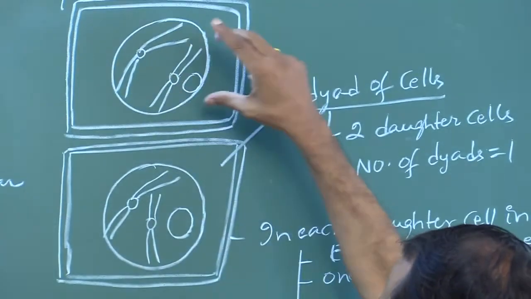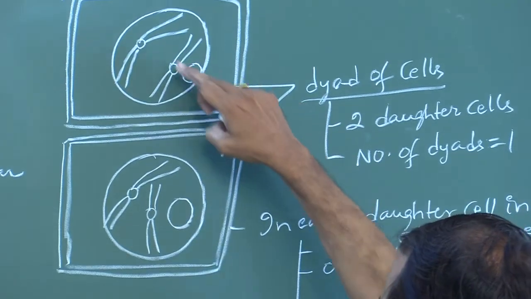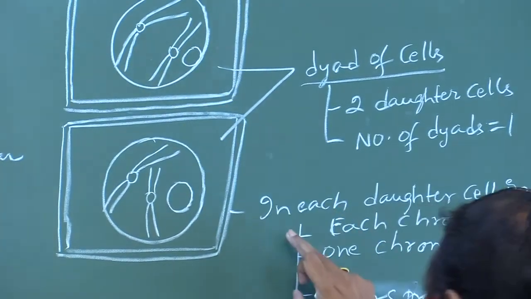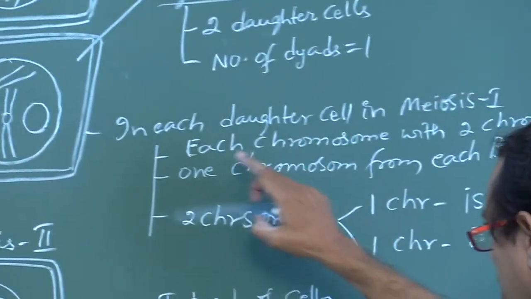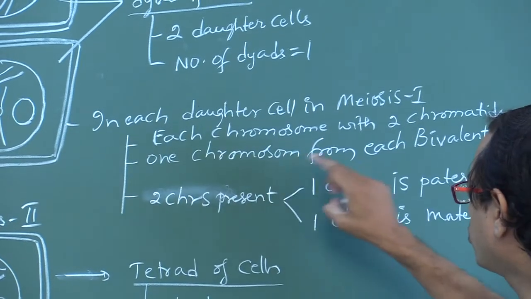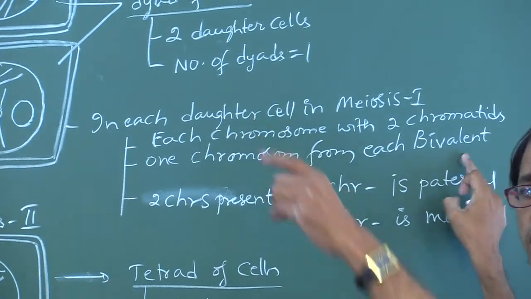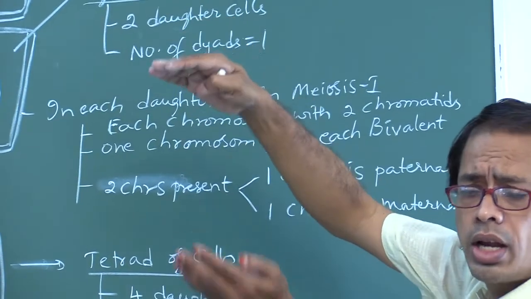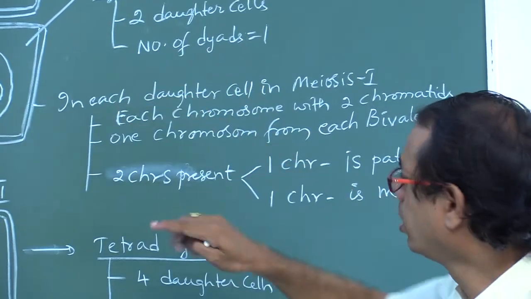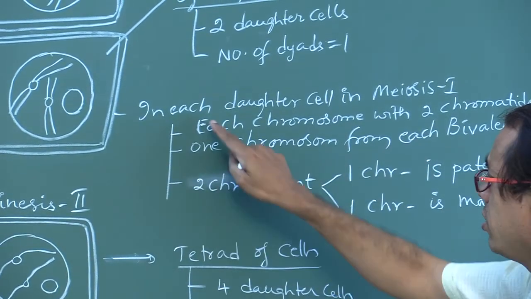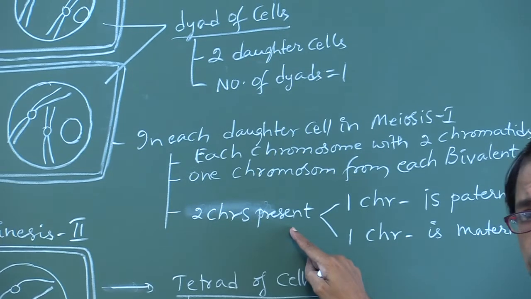In each daughter cell in meiosis 1, each chromosome has 2 chromatids. One chromosome comes from each bivalent: one chromosome goes to the upper pole and another to the lower pole. So each daughter cell has 2 chromosomes.